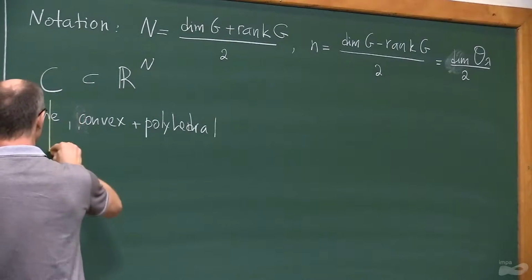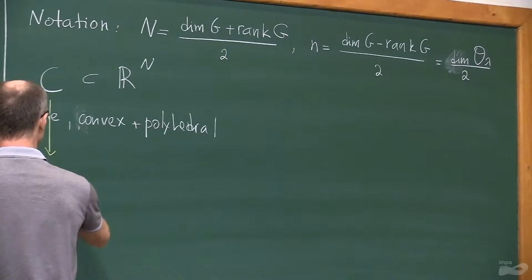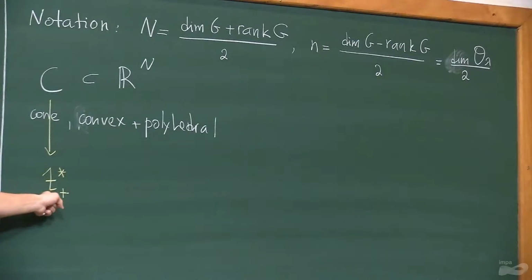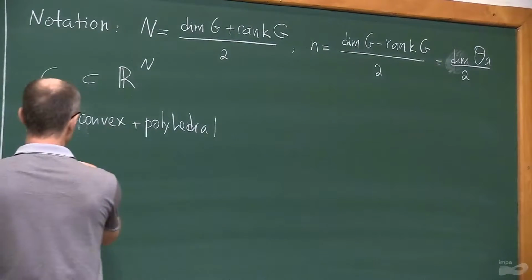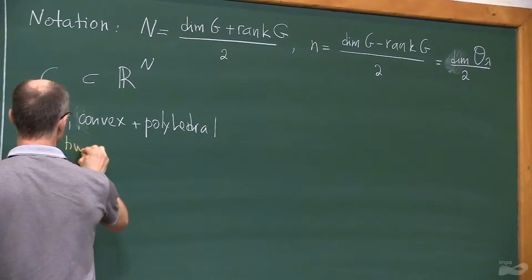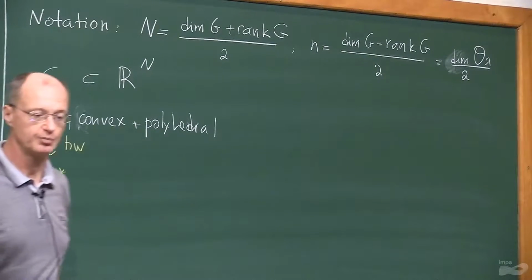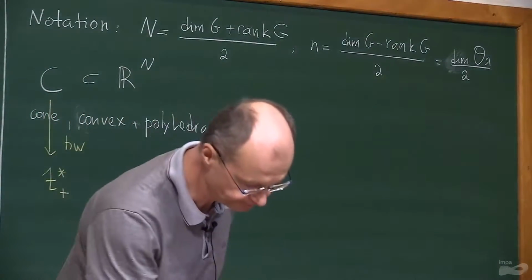But it's important that it comes with a map to the Weil chamber. By analogy with representation theory, this map is suggestively called highest weight. So there is a linear map from that cone to the positive Weil chamber.